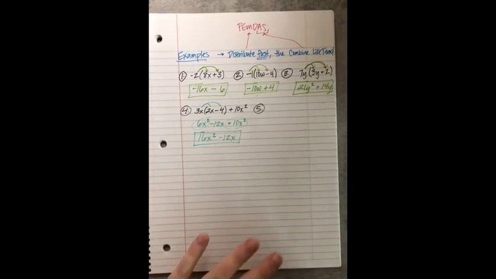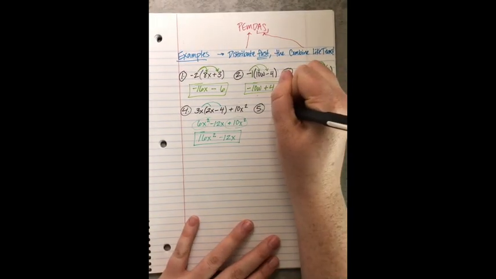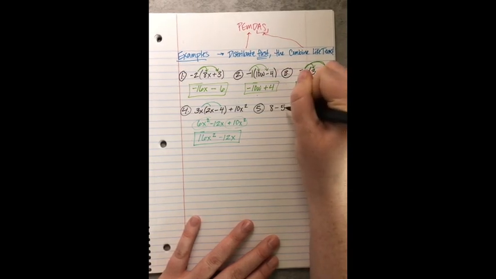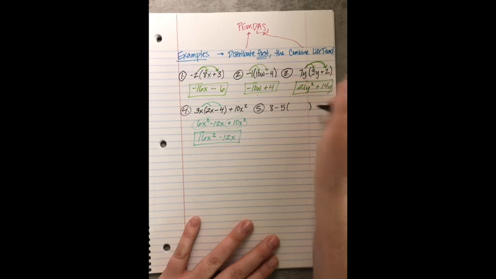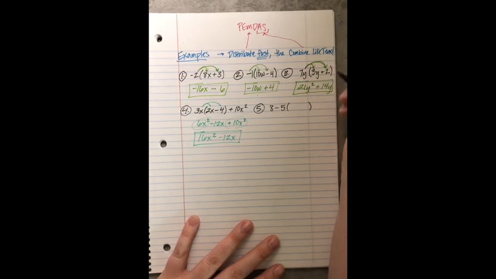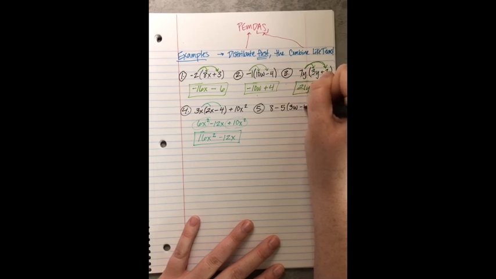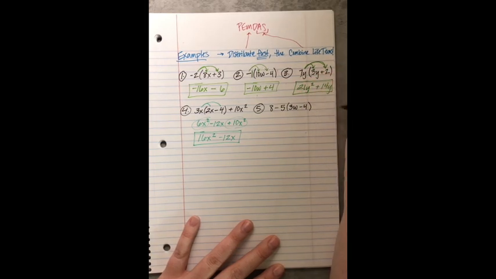Okay, next up, 8 minus 5, but that 5 is right next to a set of parentheses. Inside your parentheses, you have 3w minus 4. And after that, you're going to subtract w.